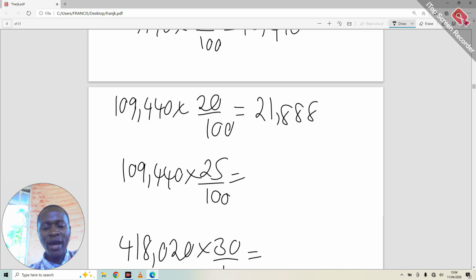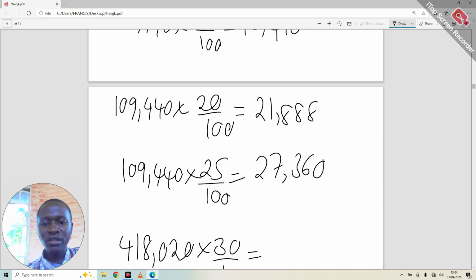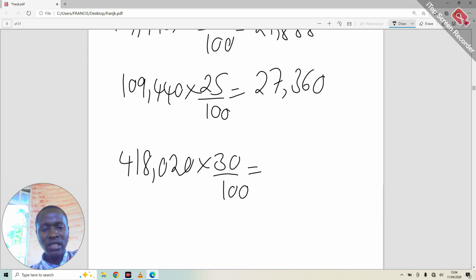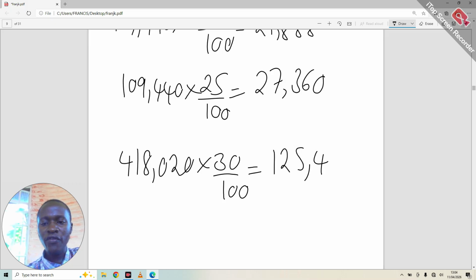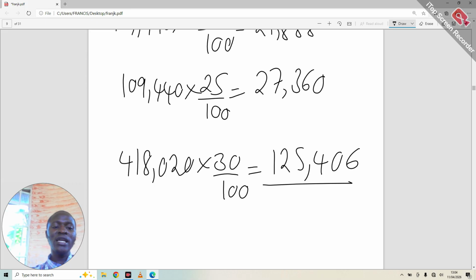And that other part, we are having 27,360. And now coming to the last part, 414,020 multiplied by 30 all over 100, we shall have 125,406.